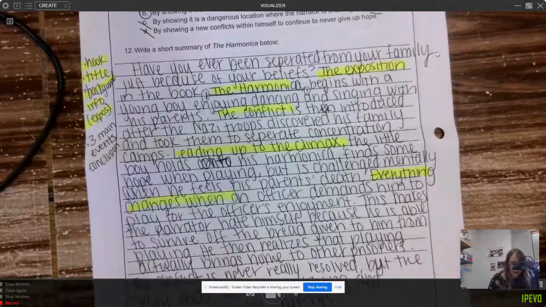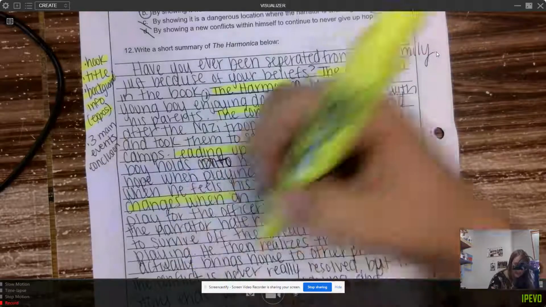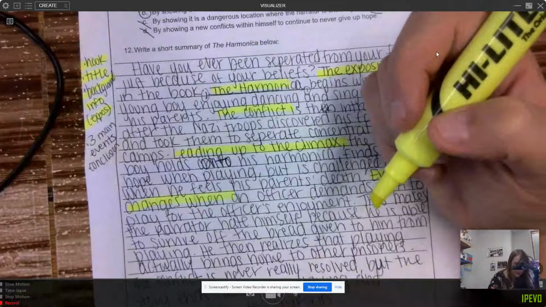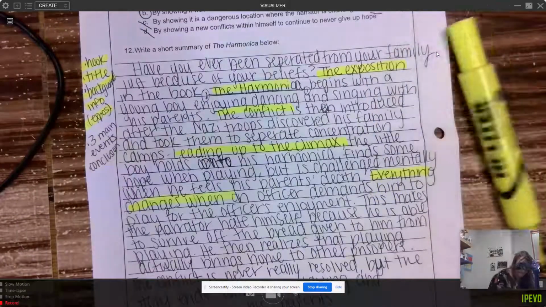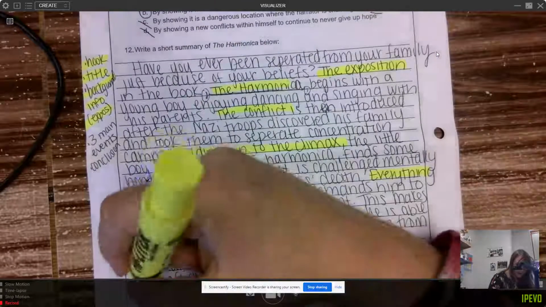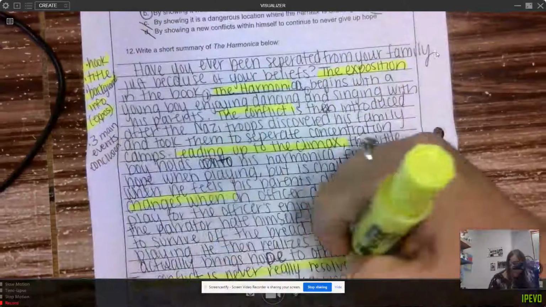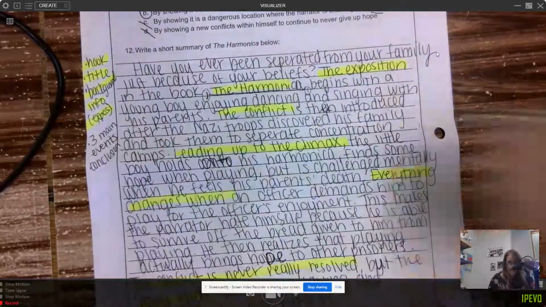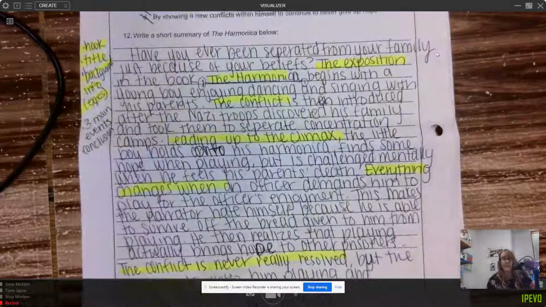This makes the narrator hate himself because he is able to survive off the bread given to him from playing. He then realizes that playing actually brings hope to other prisoners. Hope. The conflict is never really resolved, but the story ends with him playing and remembering his parents.